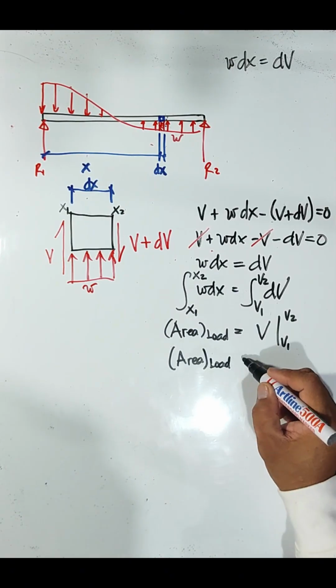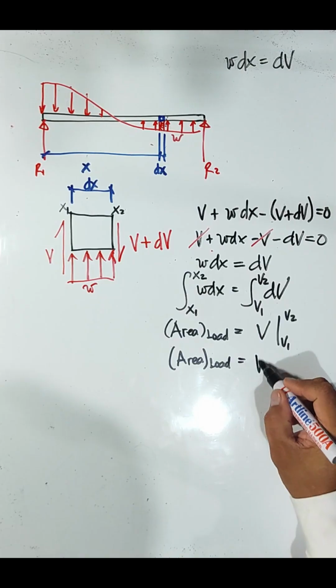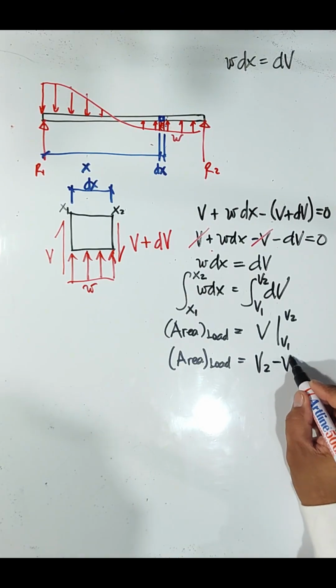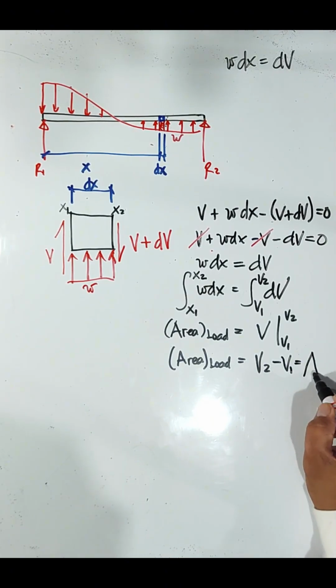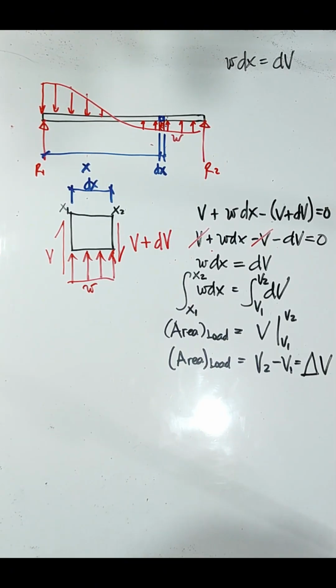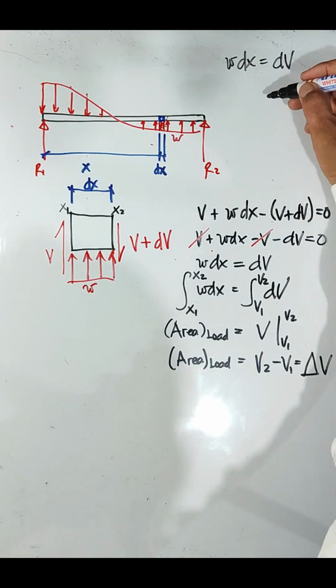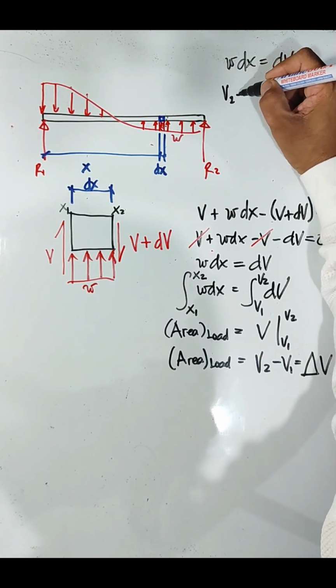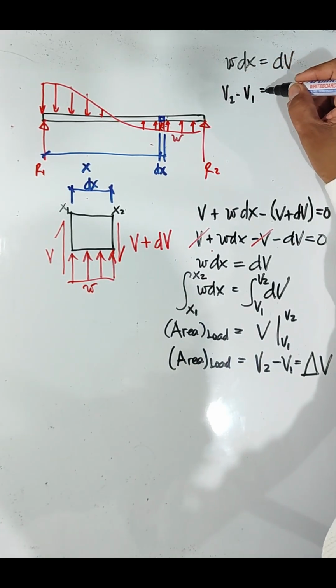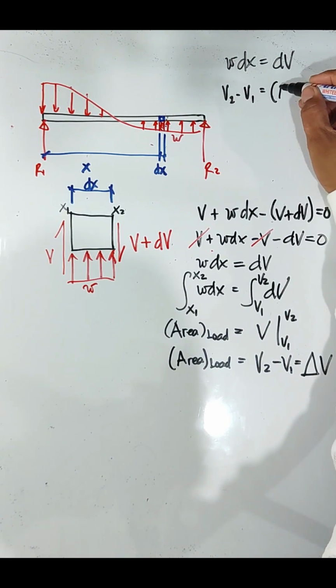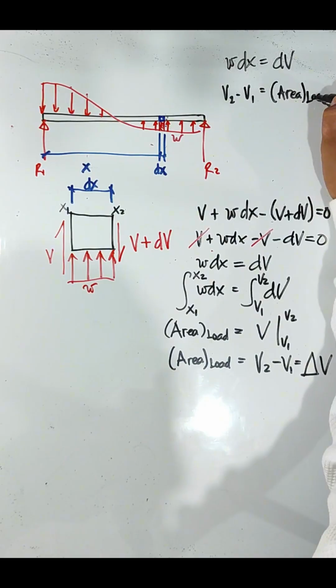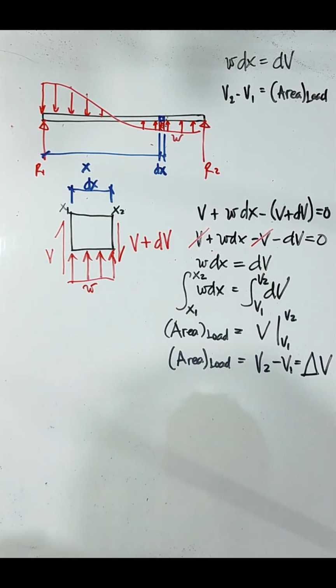So the area of the load diagram is V2 minus V1, or this is just the change in shear. So let's write it here: V2 minus V1 is equal to the area of the load diagram.